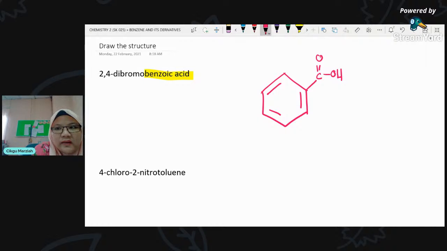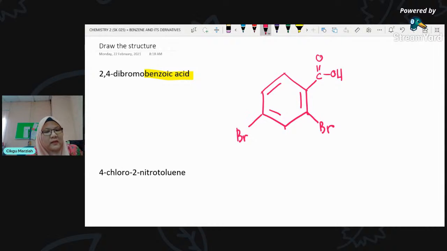Number 2, we have bromo. Number 3, we don't have any substituent, and at carbon number 4 also bromo. So this is how we draw the structure based on the IUPAC name. It is much easier lah saya nampak.